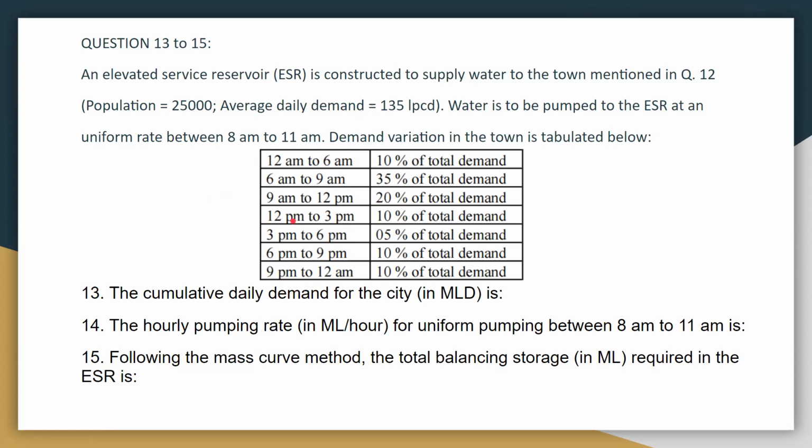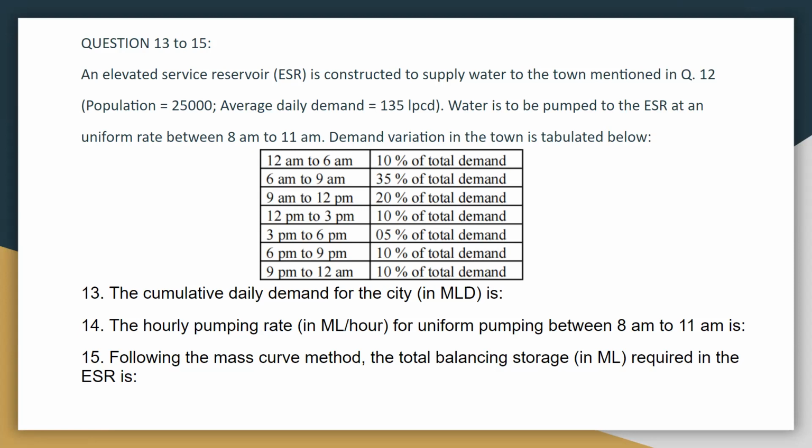Then the next question they are asking is the hourly pumping rate for a uniform pumping between 8 to 11 a.m. Okay, they want the pumping rate. Pumping rate means it's liters per hour. So we can obtain that by knowing the number of hours.